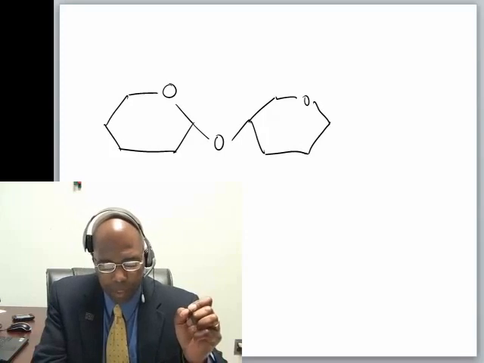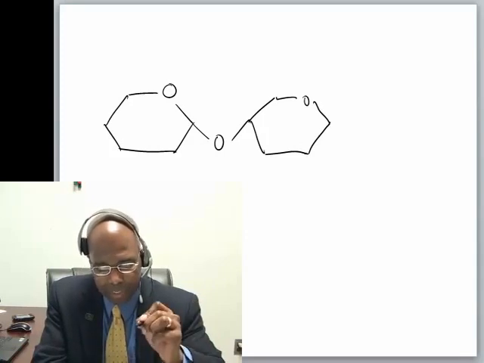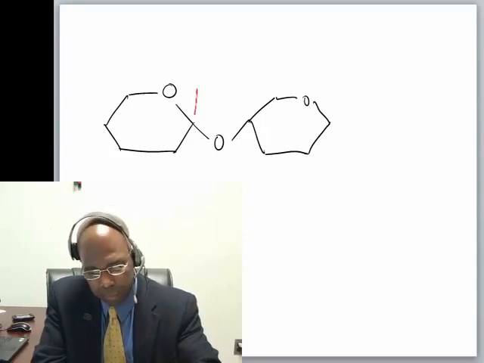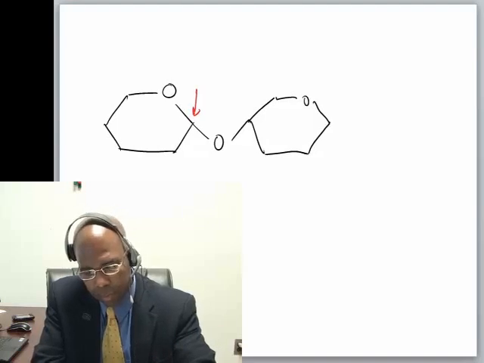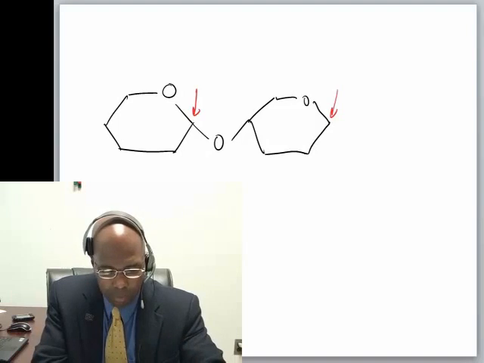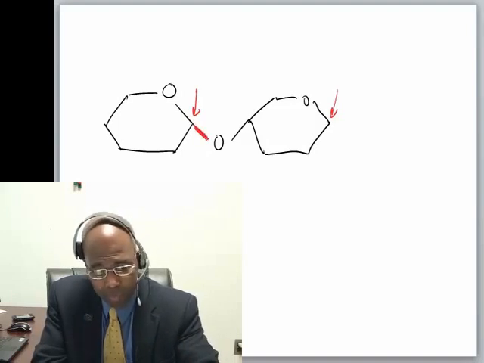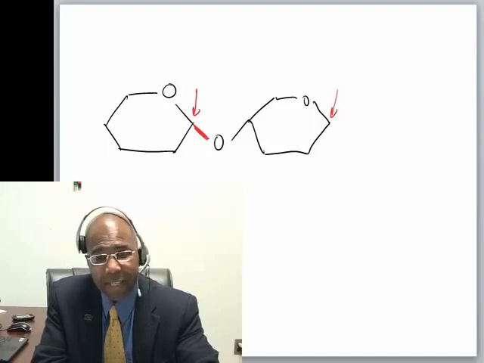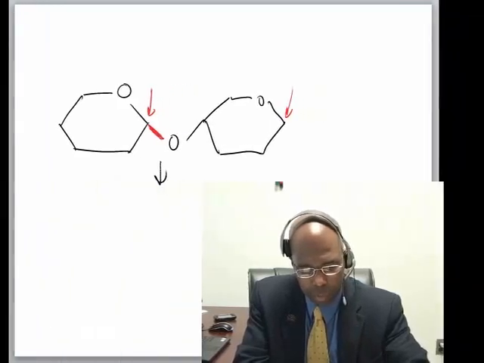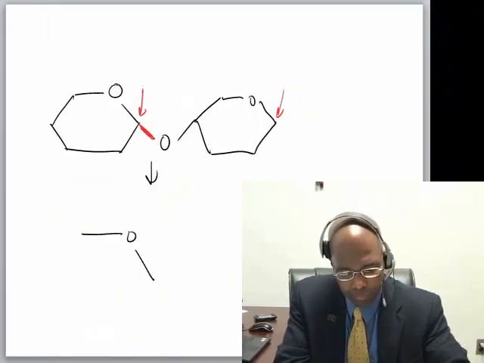Okay, now on this disaccharide rather, this is the anomeric carbon here, and this is the anomeric carbon here. Now this anomeric carbon is involved in the glycosidic bond. However, this anomeric carbon is not. So something can happen here. This can still open up. So we can go from here to this.